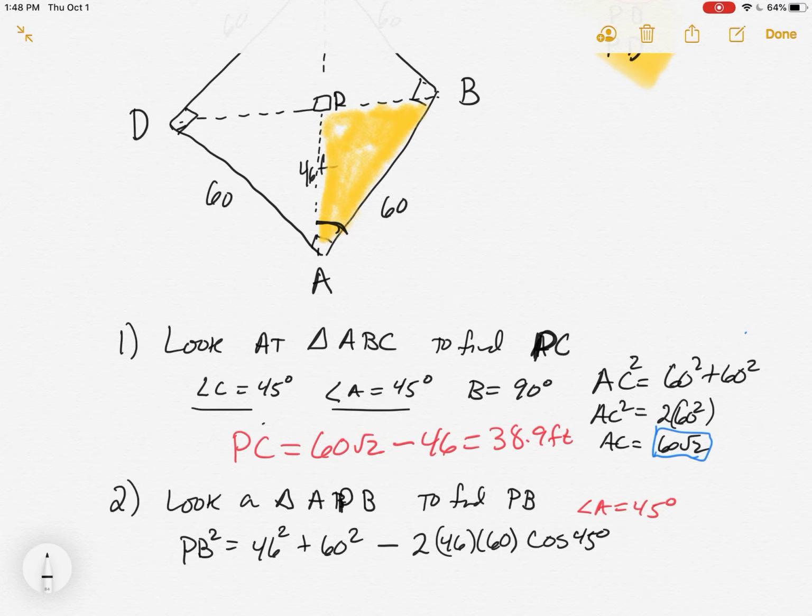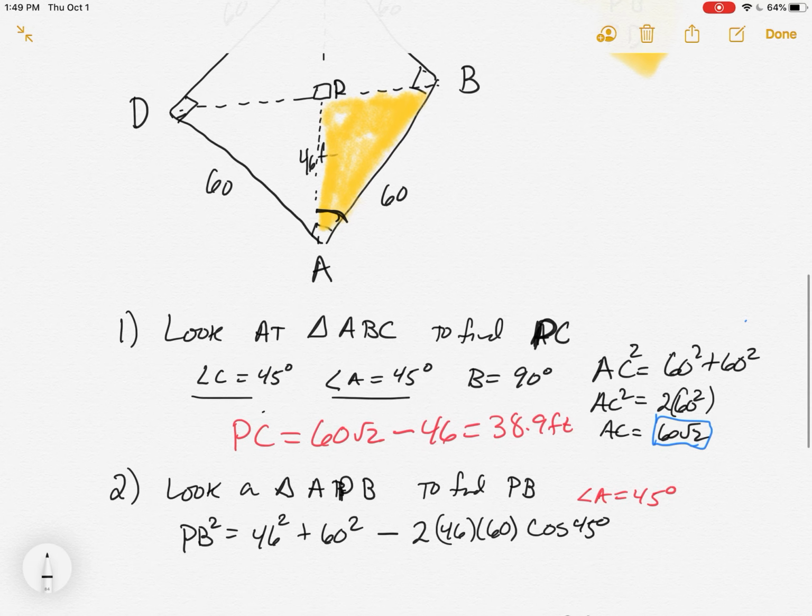Right? So that's what we should have gotten out of our law of cosines. If you want the side, it's the other two sides squared added up minus 2 times those two sides multiplied together times the cosine of the angle opposite it.